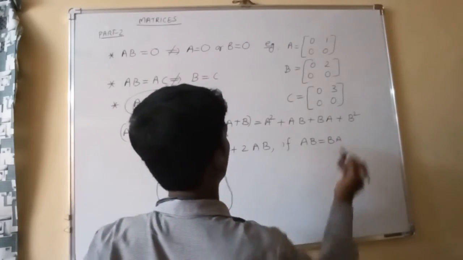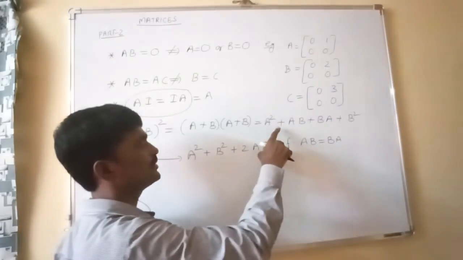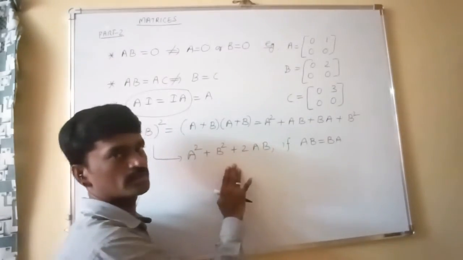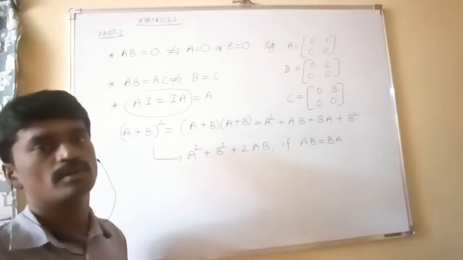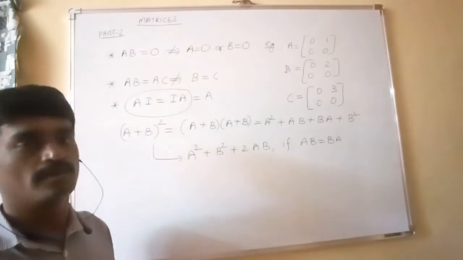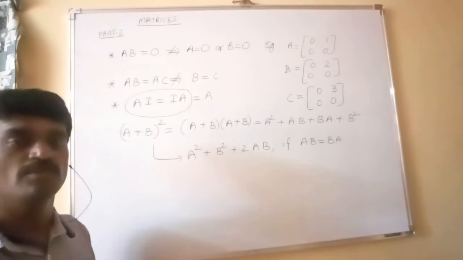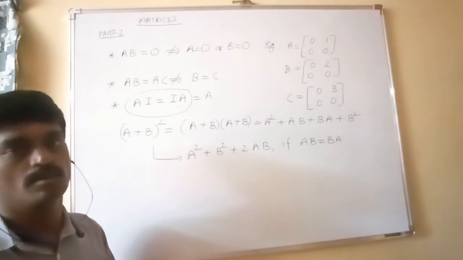That means A and B must commute. Otherwise, in general, the A plus B whole square formula is this. If they commute, then this formula holds. Even A plus B whole cube, and in general A plus B whole power n, we can use just like real numbers. In case of real numbers, we have a formula for A plus B whole power n. The same formula we can use here also, only when the two matrices commute.